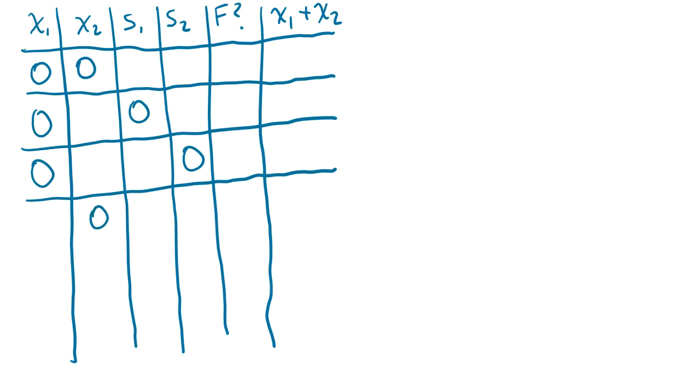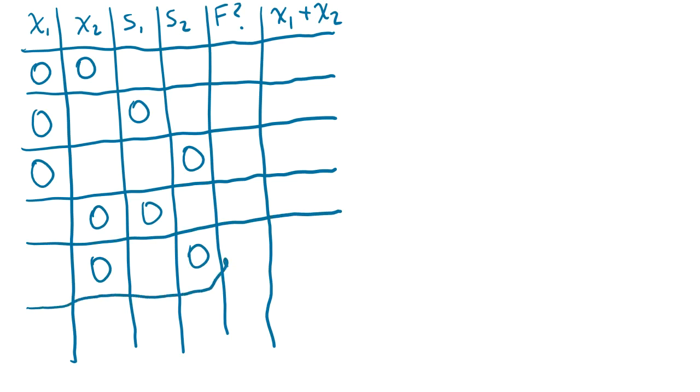So we can do x2 and s1, x2 and s2. We're done with x2, so now we move on to s1. And with that one, we have our 6 rows. We're good to go. So let's go ahead and start.